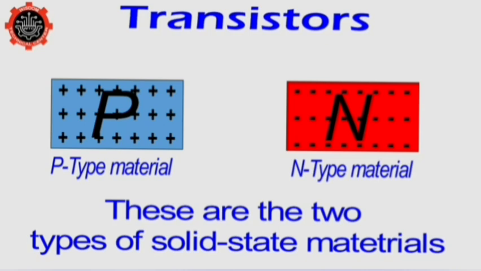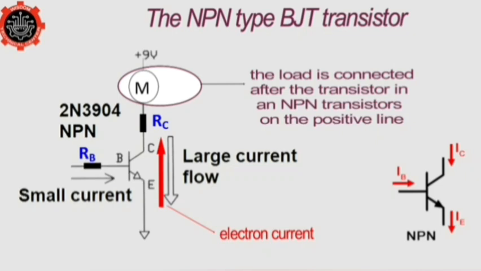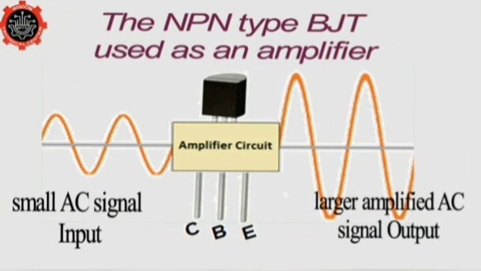So by adding another layer, it got to be either the N material or the P material. You only have two materials to choose from. These devices can be used as switches where you could use a small amount of current to drive a larger current to power something, let's say like a DC motor, or you could use them to amplify a small AC signal.